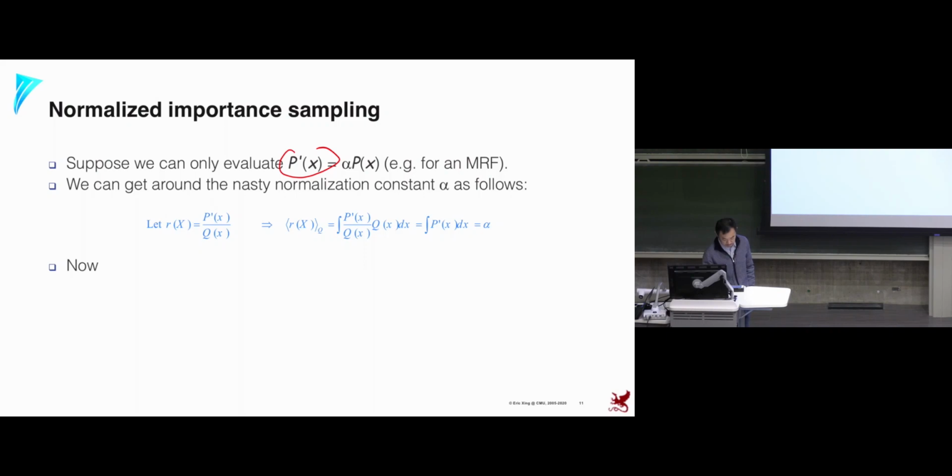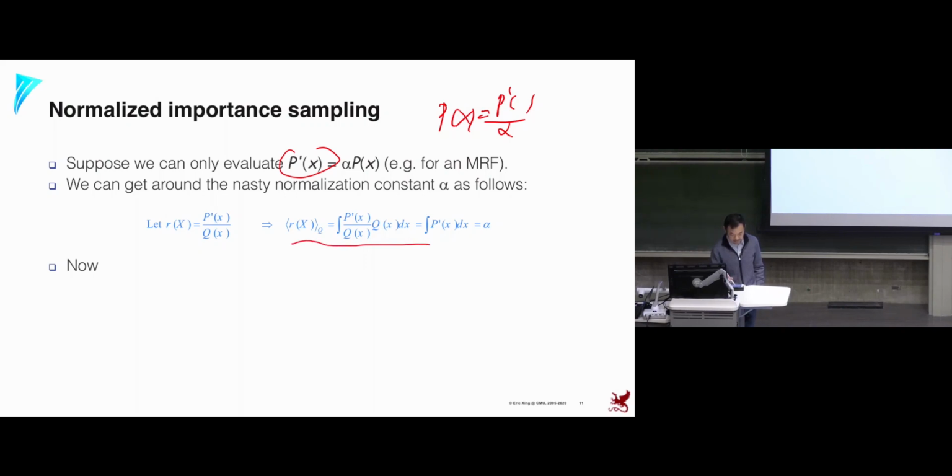So in this case, we rewrite the distribution P to be P prime divided by alpha. Alpha is the normalization constant. It turns out that this alpha can be obtained from the samples as well. And here is how. Here's the formula.